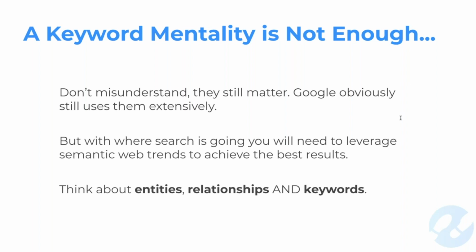So make sure that you're looking at these entities, these relationships, and keywords. Marketing the entity versus the keyword, right? Which is interesting because then you're thinking of other ways that your entity relates to things, and you can optimize for those additional relationships that you might have.